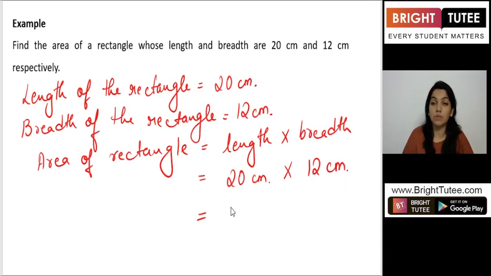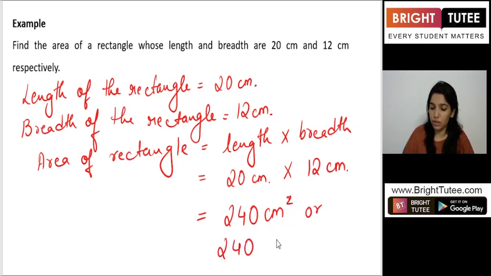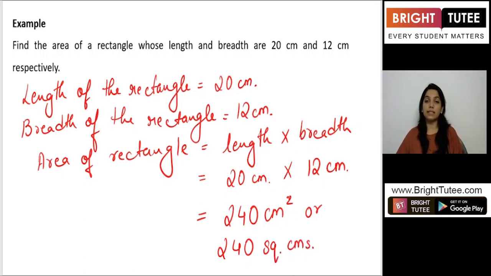So 20 times 12 is 240 centimeters square, or you can write it as 240 square centimeters. I hope this makes sense how we have written down the answer. Here you can see that we have written down all the steps in order to find the area of the rectangle. Moving forward in the lesson, we might work with the formula directly.